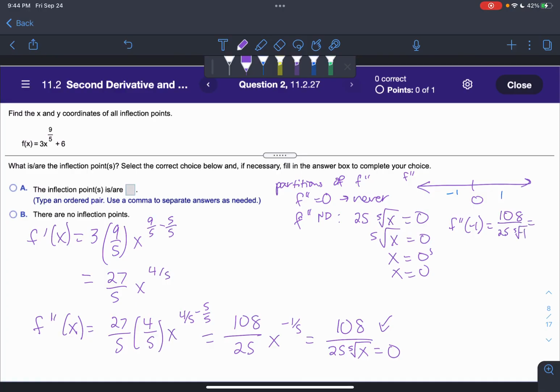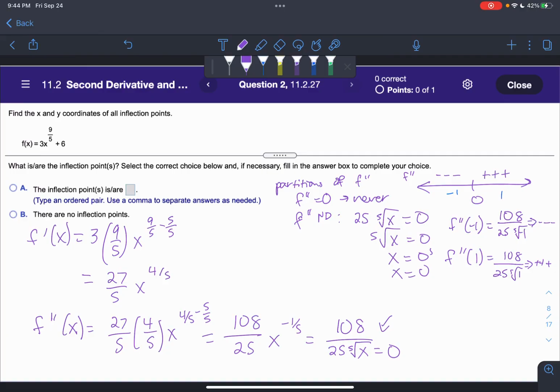Well, the 5th root of -1 will be -1, so this will lead to a negative number. And then if we find f double prime of +1, this will lead to a positive number, right? There's no negatives. So see how you don't necessarily need to compute it if you're careful about your signs, but if it's easier for you to compute it, go ahead and just see what sign it is.